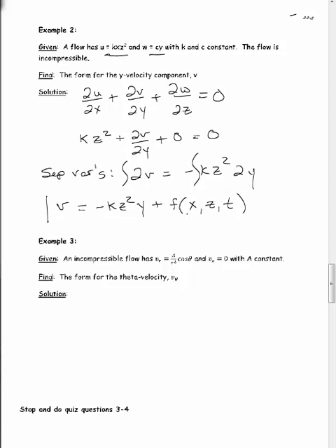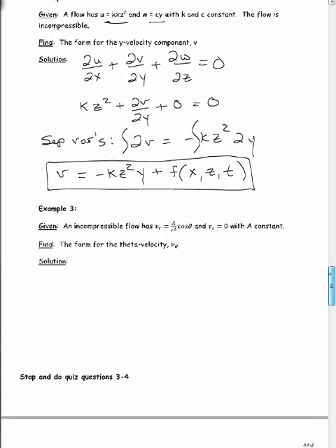And we know that it's not just a constant, that it's a whole function out here, because if you took the partial with respect to y of this, you would get a 0, whether it's a constant or whether it has z's or x's or t's in it, because when you do partials, you're treating those other variables like they're constants.